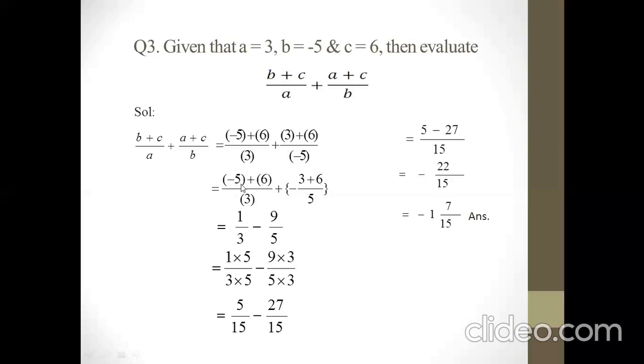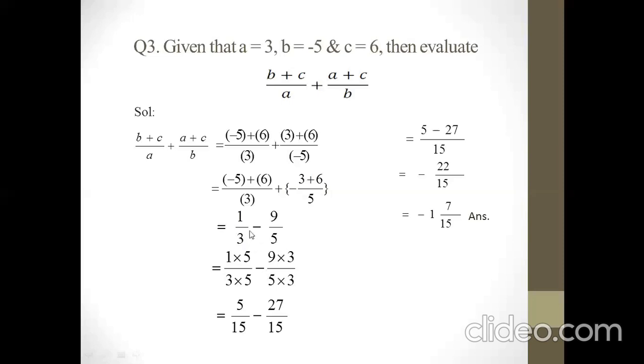Now subtract 5 from 6, we will get 1 upon 3, then plus minus becomes minus, 6 and 3 becomes 9, and in the denominator we have 5, right? Again we have unlike terms. And if we take the LCM of 3 and 5, then the answer is 15.